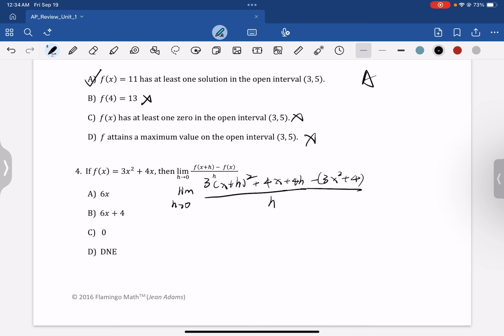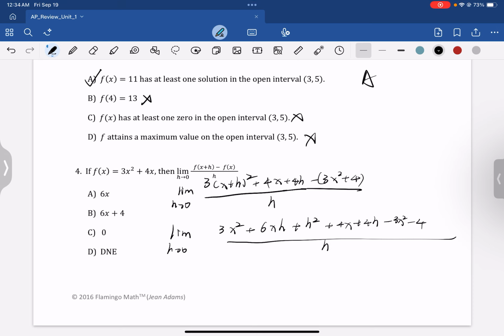And then we still go on with the steps. 3x squared plus 6xh plus h squared plus 4x plus 4h minus 3x squared plus 4x, over h. So we cancel out the same terms, which is negative 3x squared, positive 3x squared, negative 4x.